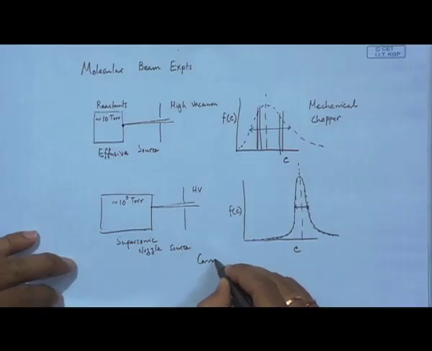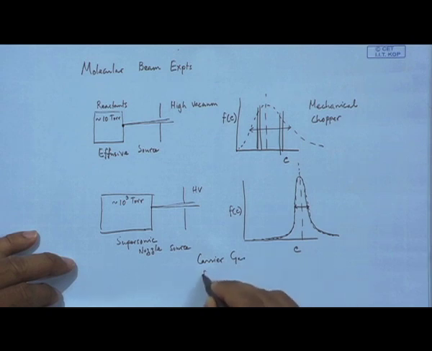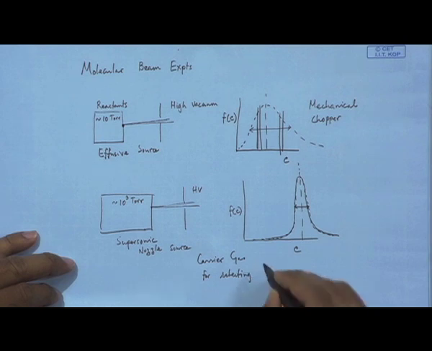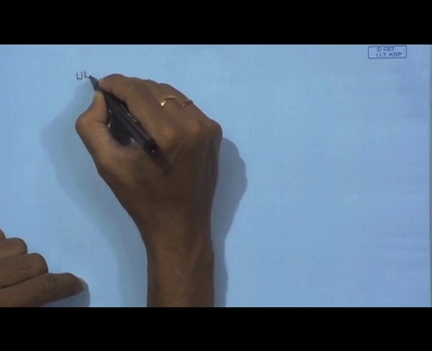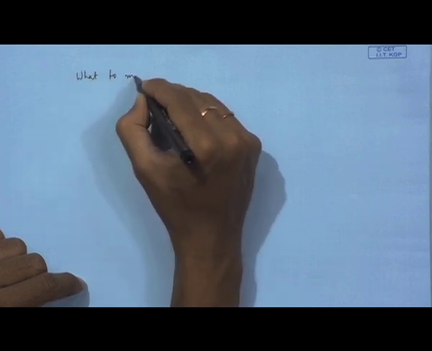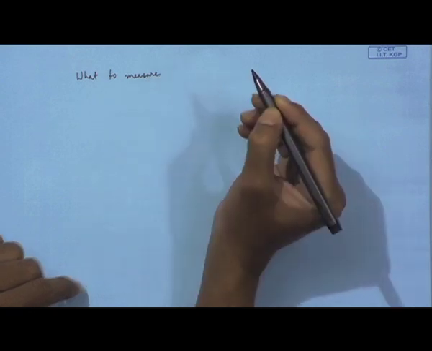So, here you have to use a carrier gas for selecting different velocities. Okay. So, what are you going to measure? What can be measured?